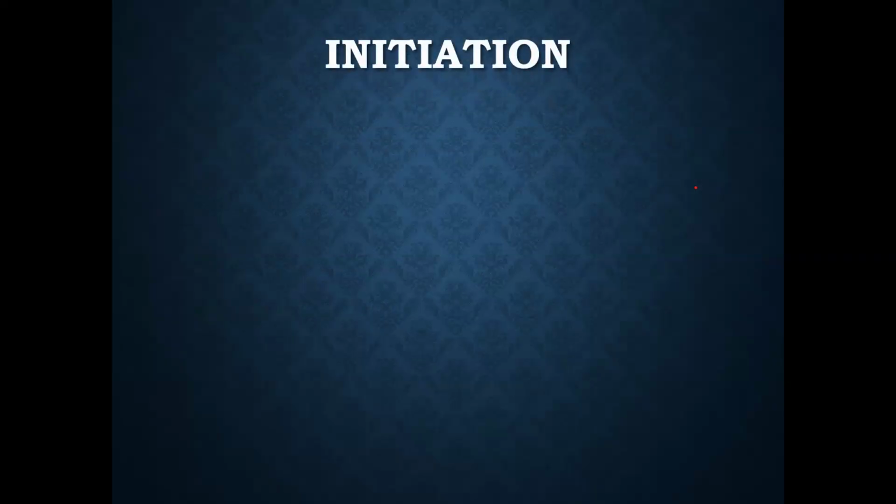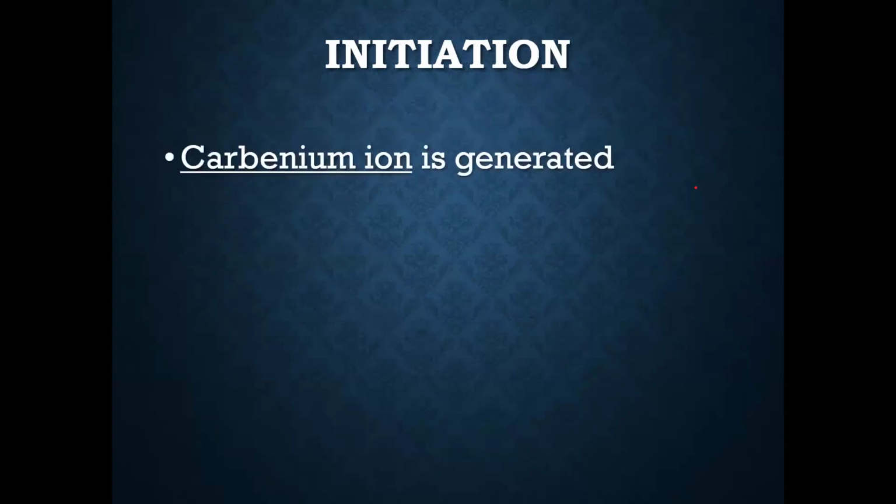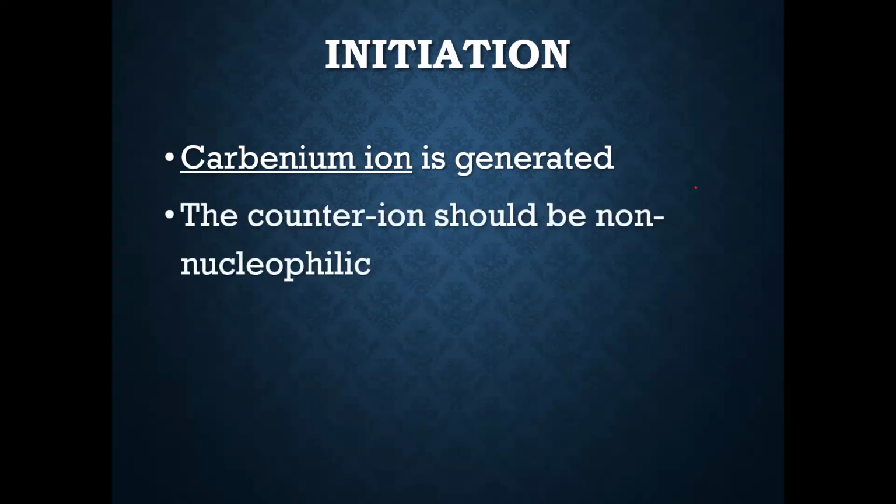The initiation, this is the first step of the mechanism where a carbonium ion is formed. Carbonium ion is a compound with a carbon atom carrying a positive charge. The counter ion should be non-nucleophilic.